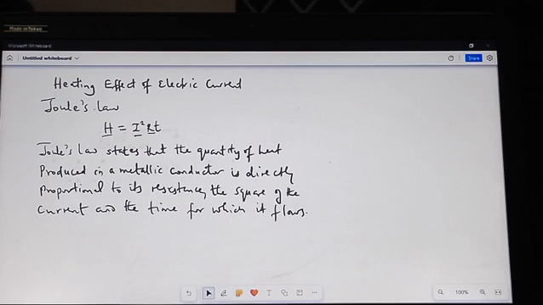Now, this equation has different variants. We can express that equation in another form.